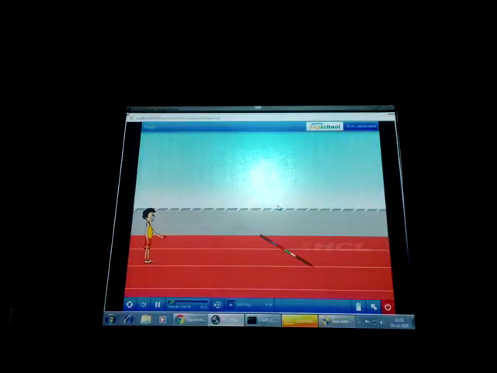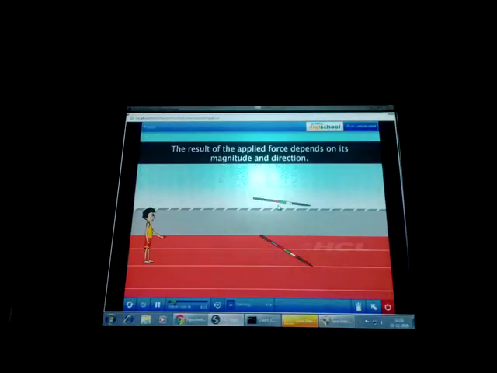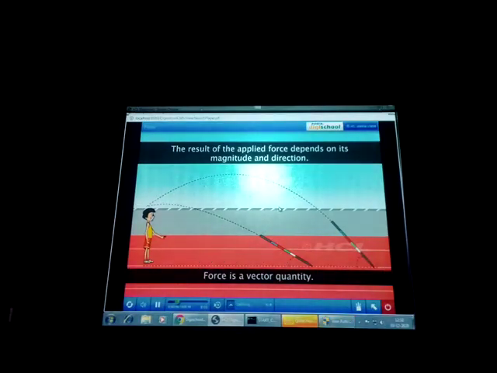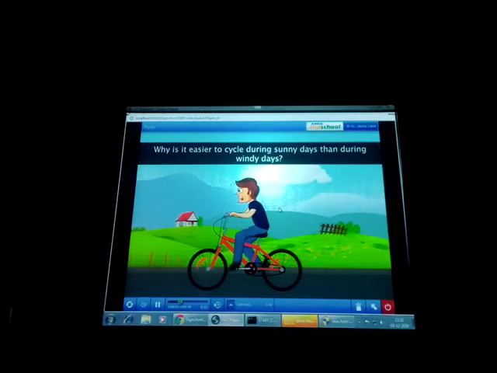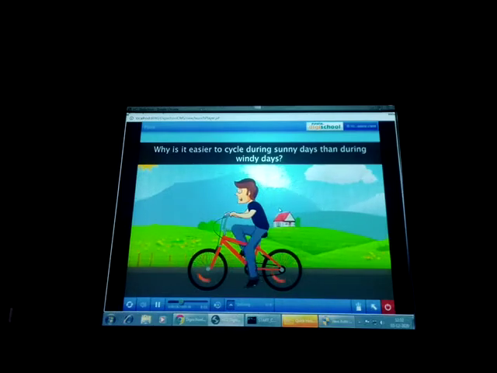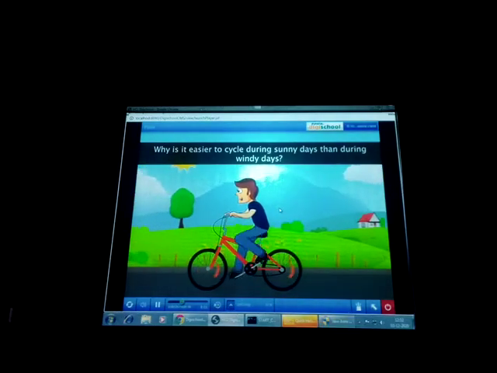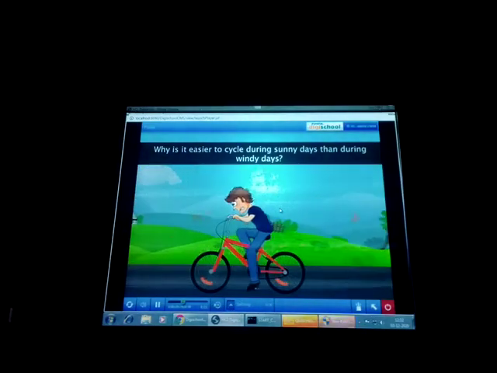The result of the force applied on an object depends on the magnitude of the force as well as its direction. Force is hence a vector quantity. Have you ever noticed that it is often much easier to cycle during sunny days than during windy days?